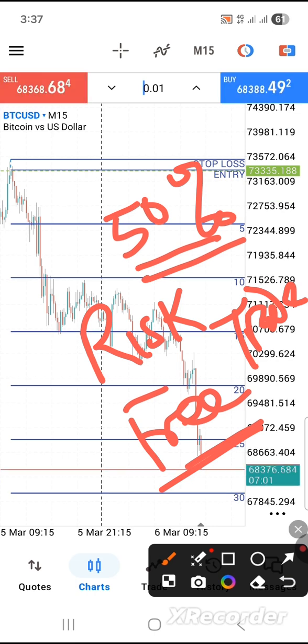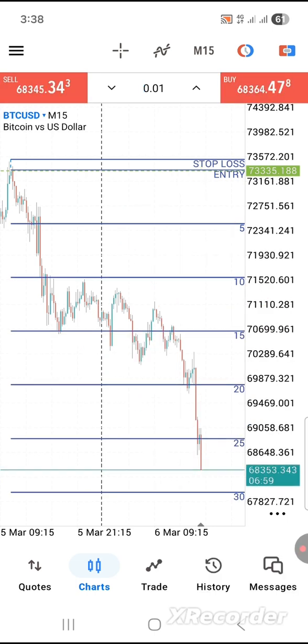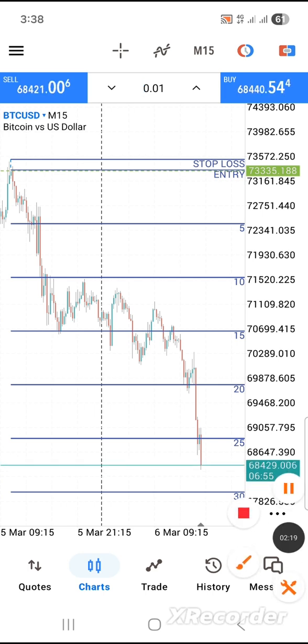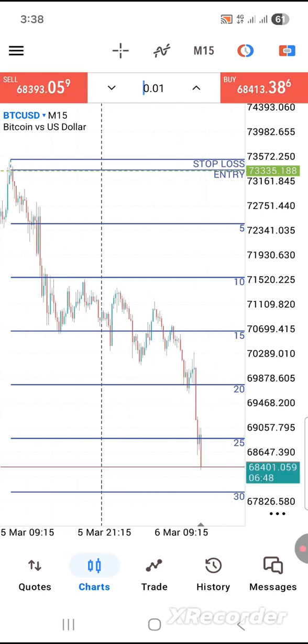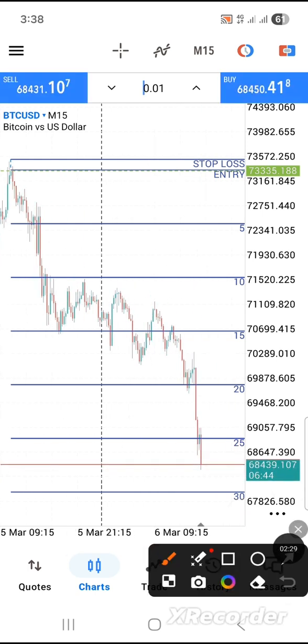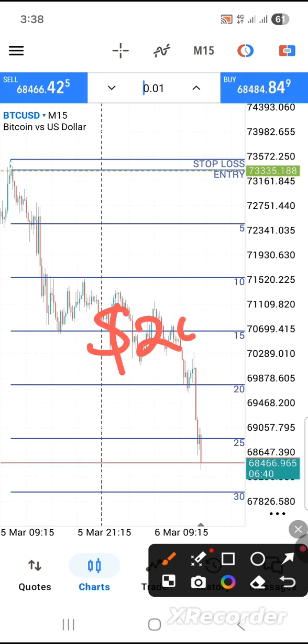Let's even look at it with a very small calculation. Let's assume the total amount of money you are trying to risk is, let's say, the smallest, because it's Bitcoin. Let's say you are trying to risk $20.